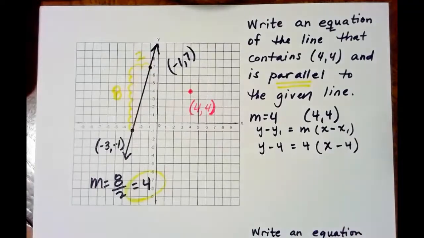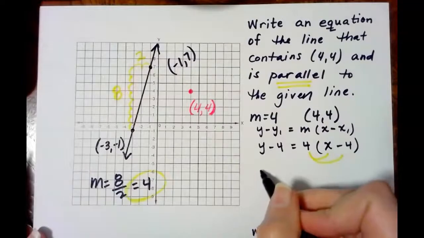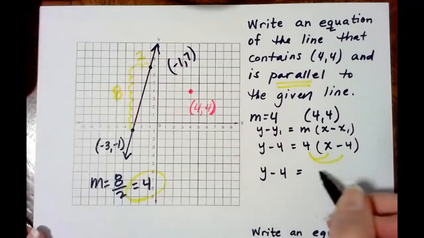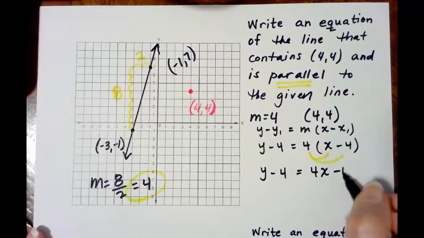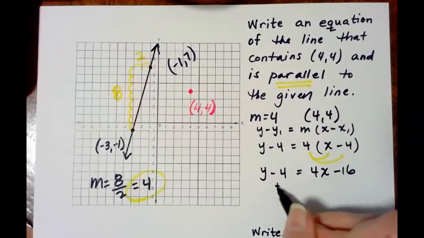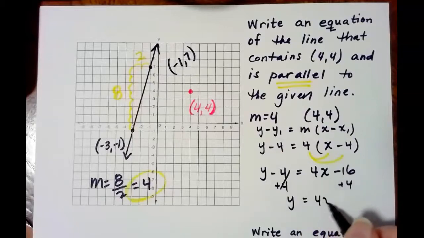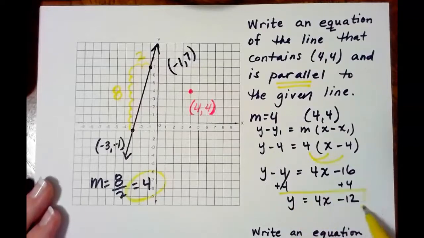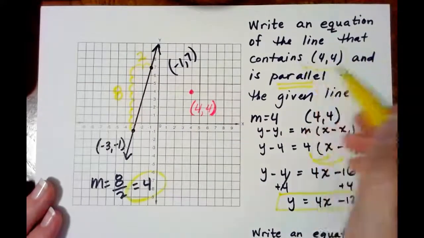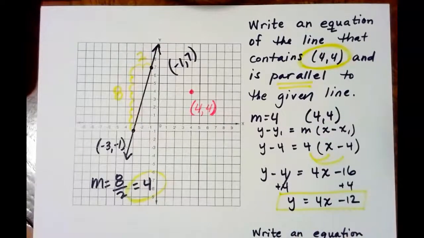Lots of 4's. So let's distribute the 4, and we get y minus 4 equals 4x minus 16. And we're going to finish solving for y by adding 4 to both sides. And we get y equals 4x minus 12. So our new line that passes through our point (4, 4) is y equals 4x minus 12.